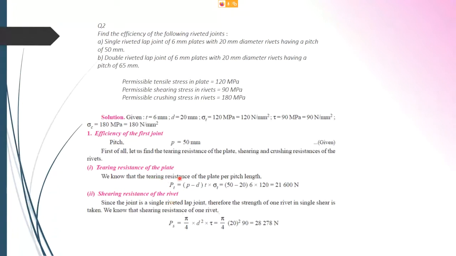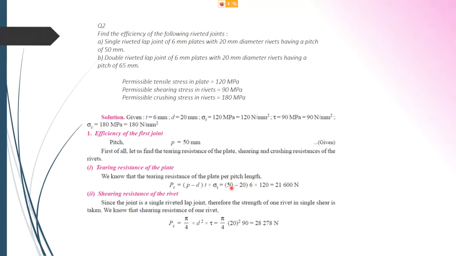We know that the tearing resistance formula for tearing of plates is where P is the pitch, D is the diameter of the rivet, T is the thickness, and this is the tensile stress 120. It is up to you whether you want to use Newton per millimeter square or mega Newton per meter square.